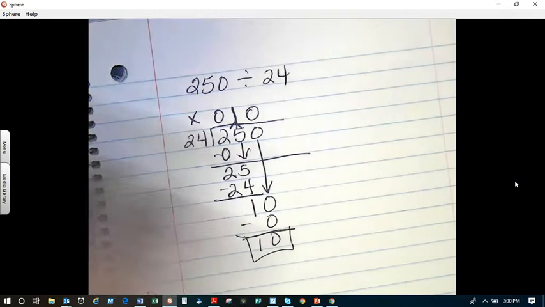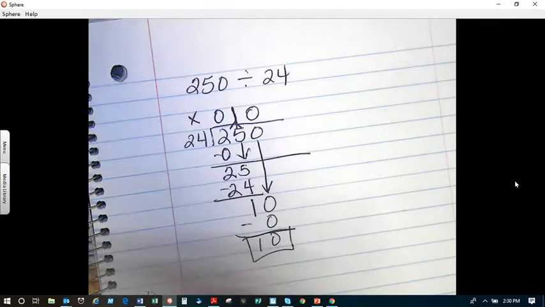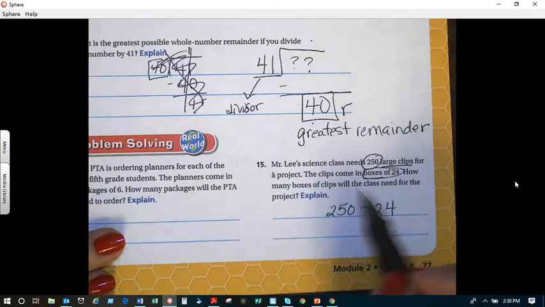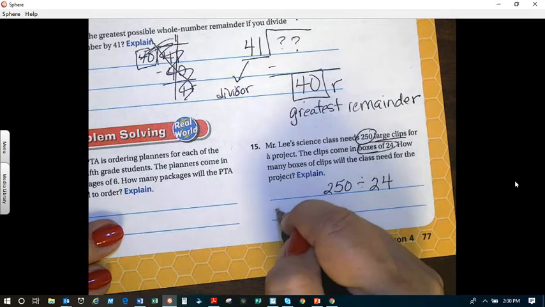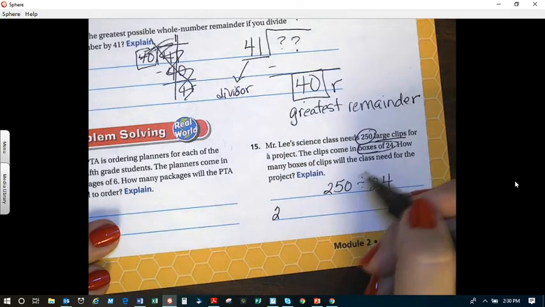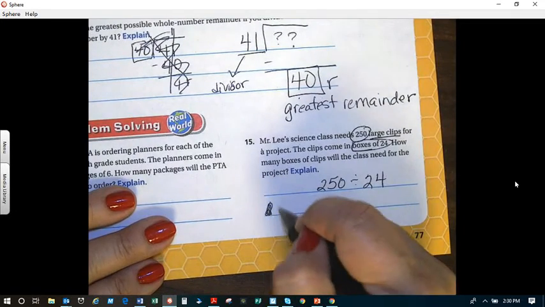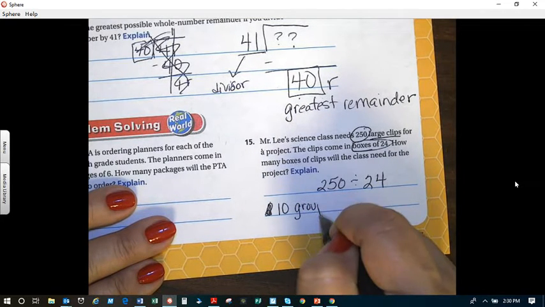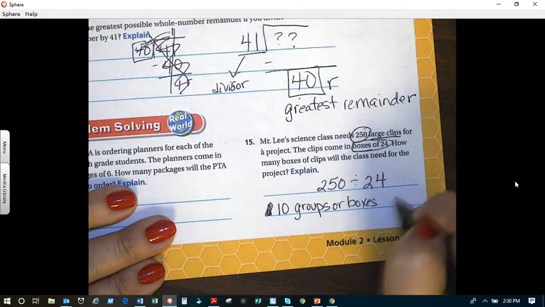So then we're talking about how many boxes does he need. So let's go back over here. If he needs to get this, the answer is 10 groups or boxes of 24.